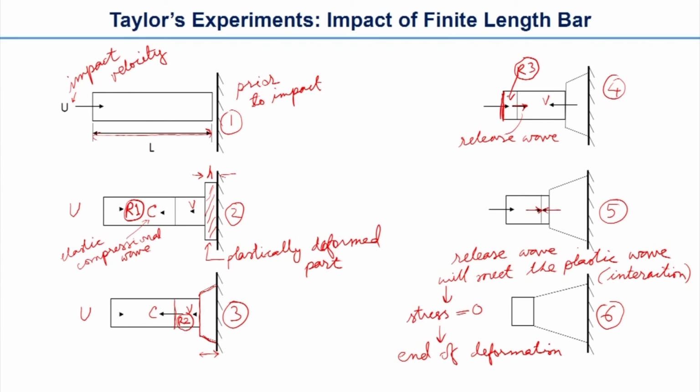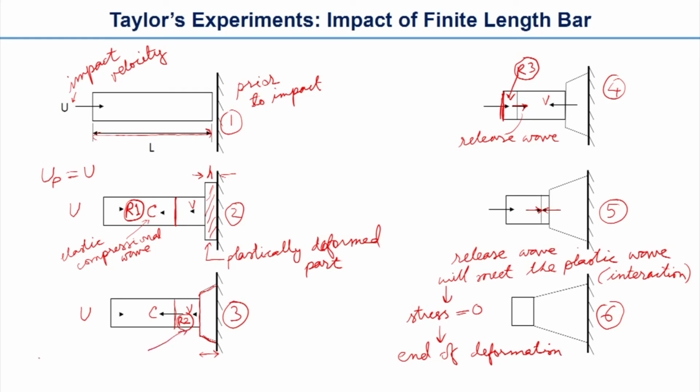Now for these 3 regions, if we see the particle velocity in region 1, R1, the particle velocity is nothing but the impact velocity, because the elastic wave has not reached that part, and only the impact velocity will be the particle velocity here. And for region 2, what happens?